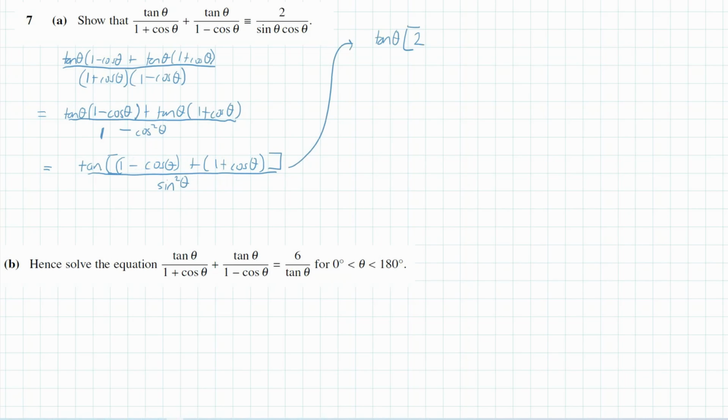So that's 0, right? That adds 0. So I've got a 2 there, all over sine squared theta. Another way of looking at that is 2 times sine theta over cosine theta times 1 over sine squared theta. I'm just simplifying that out.